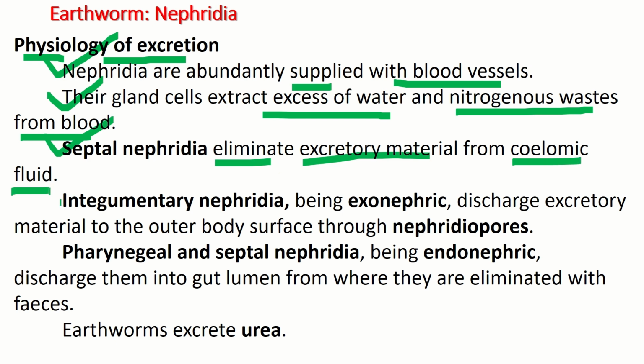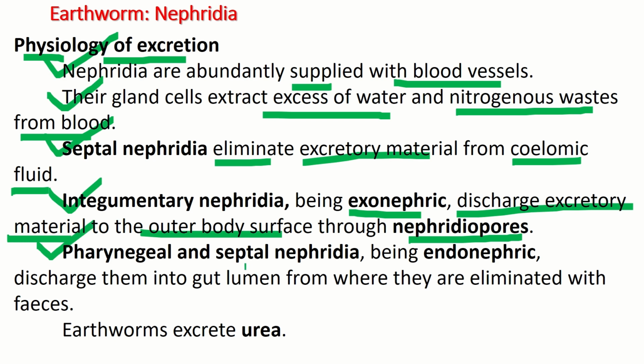Integumentary nephridia, which are exonephric, discharge excretory material to the outer body surface through nephridiopores. Pharyngeal and septal nephridia, being endonephric, discharge the material into the gut lumen, from where it is eliminated with the waste feces.